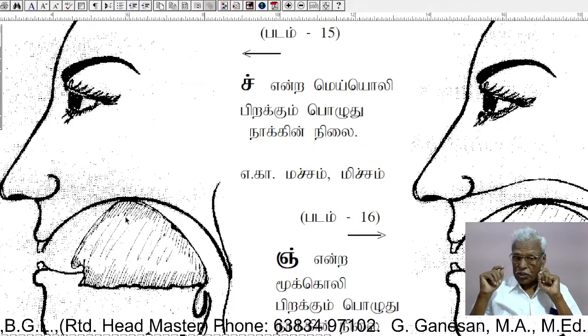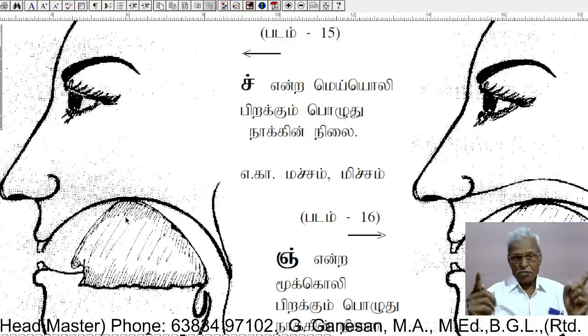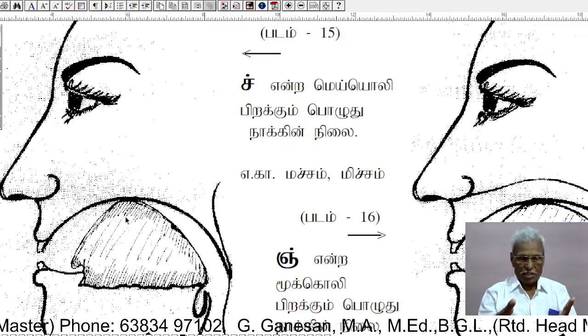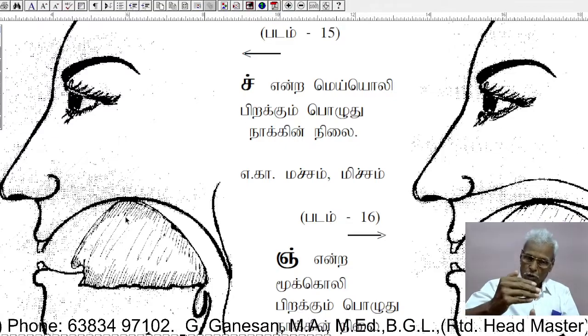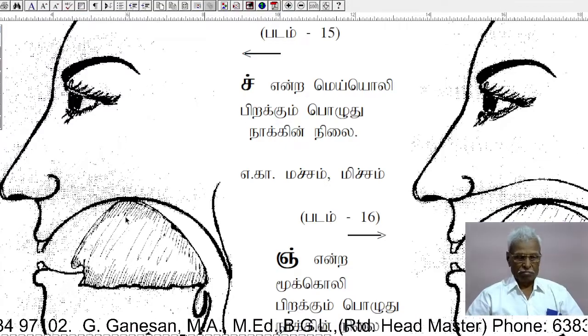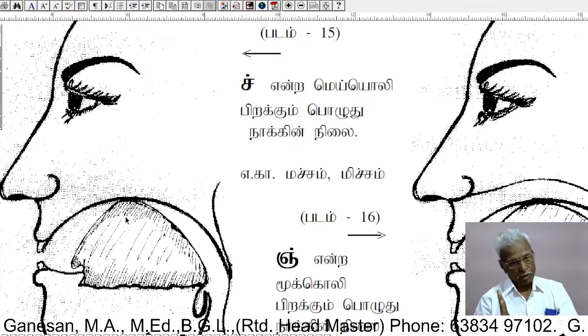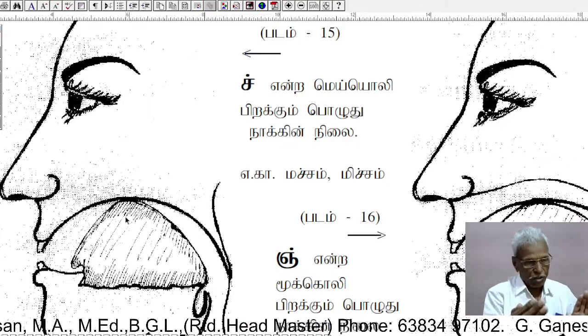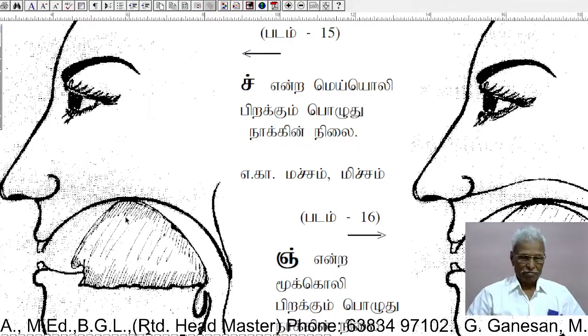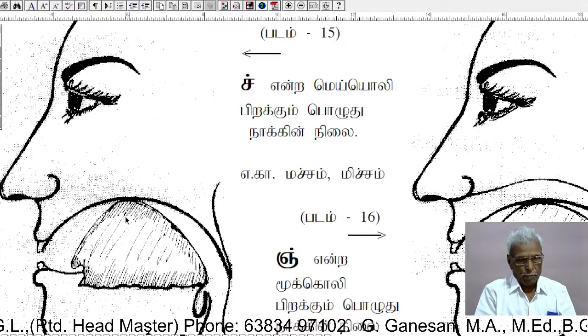The blocked air escapes through the sides of the tongue when the vocal cords push it out, producing the sound ich.